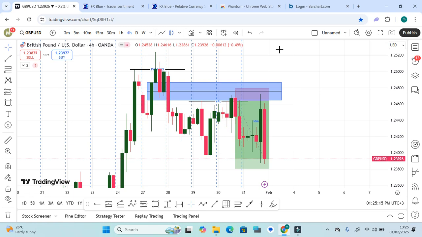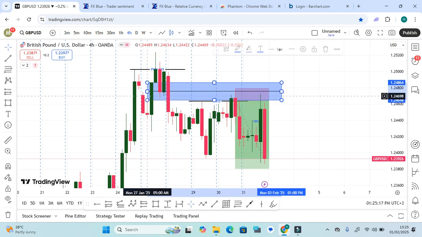While the market was going up, market gave us a fair value gap, right?